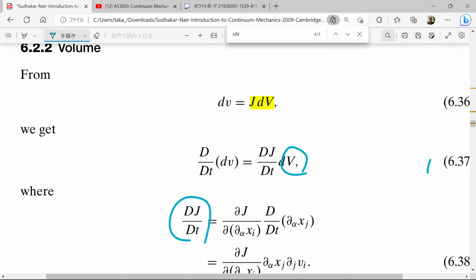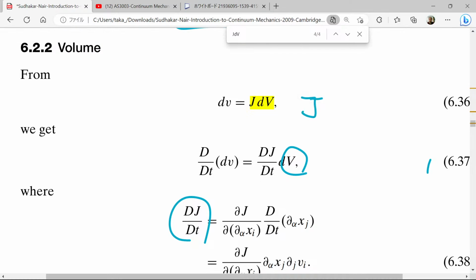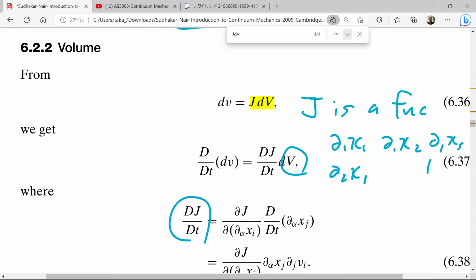Okay, because J is a function of this whole thing: partial x1 over partial alpha 1, partial x1 over partial alpha 2, partial x1 over partial alpha 3, and so on through partial x3 over partial alpha 3.